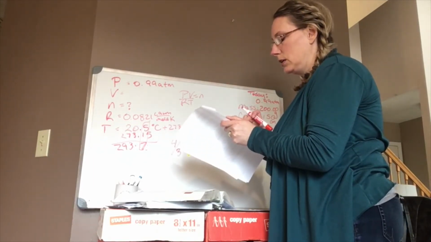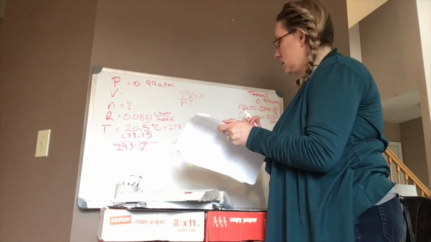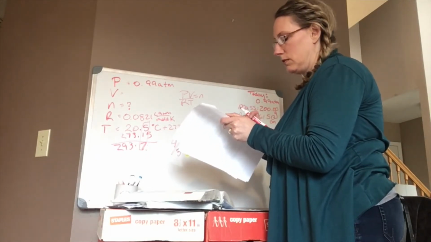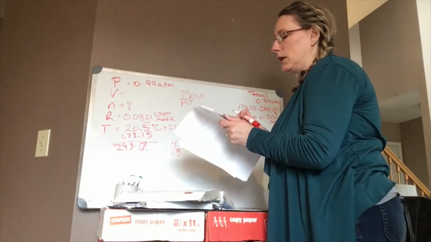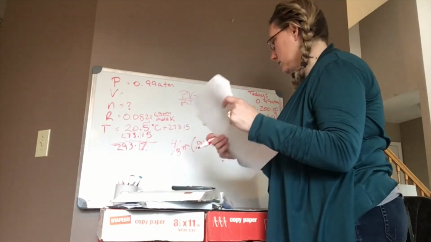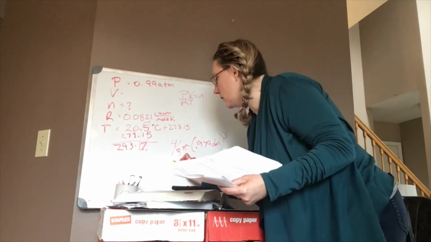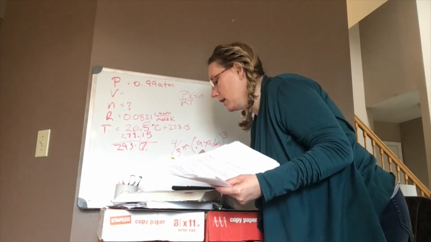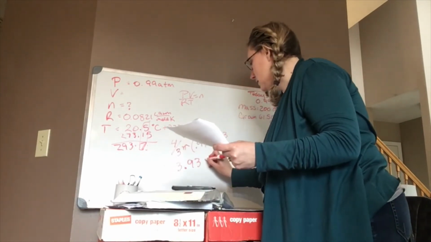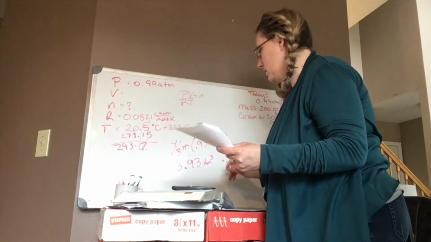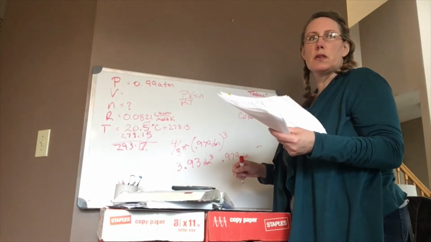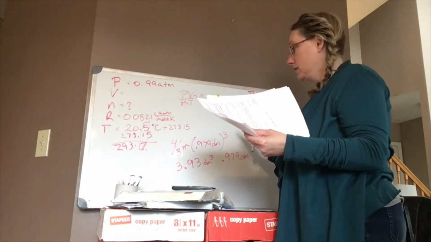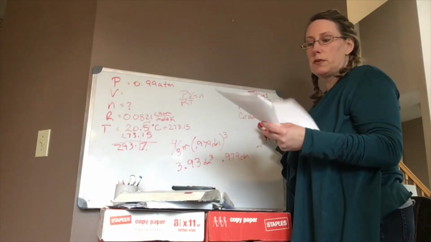So let's figure out what that is. 0.979 cubed times 4 divided by 3 times pi. Anybody get a number? This one is 3.93 decimeters cubed. Or your number might be a little different if your circumference was a little different.